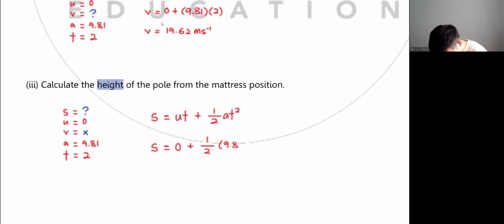Okay, so 9.81, then t squared, that is 2 squared over here. And you will realize the answer is the same as the value we got just now. But the 19.62 just now is the speed of the athlete before it falls to the ground.